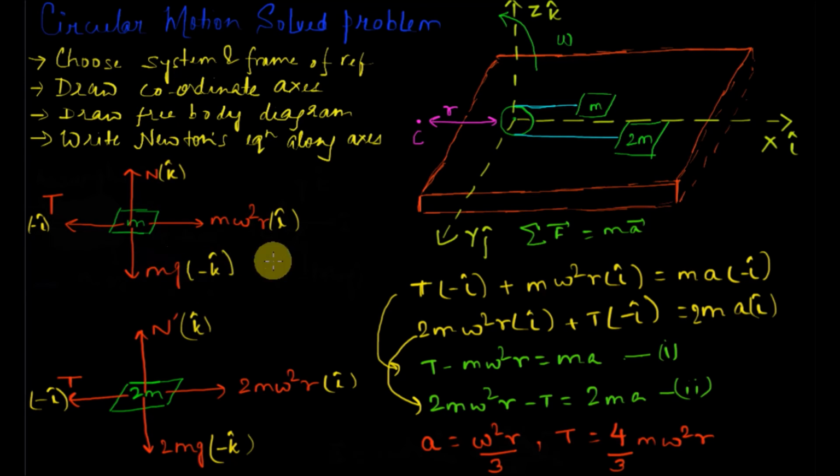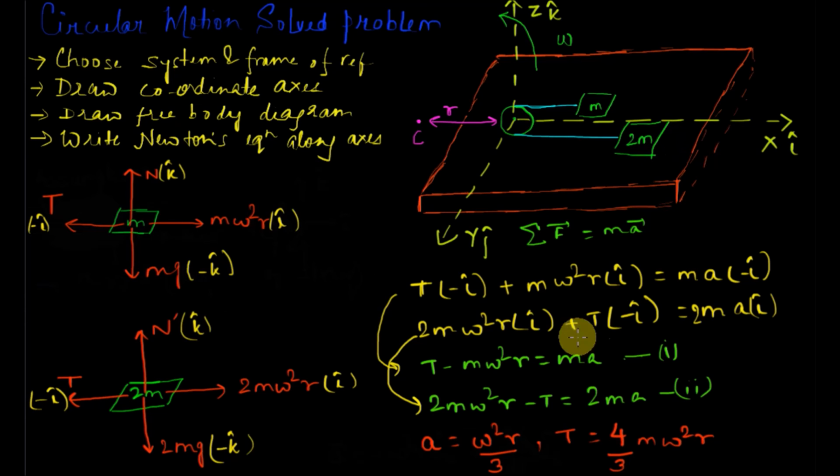Along the x-axis, for the object of mass small m, the forces are T minus I cap plus m omega square r I cap is equal to ma minus I cap, because of the reason we discussed just now. For the heavier object of mass 2m, the forces are 2m omega square r I cap plus T minus I cap is equal to 2ma I cap. So this heavier object will move along the positive x direction.